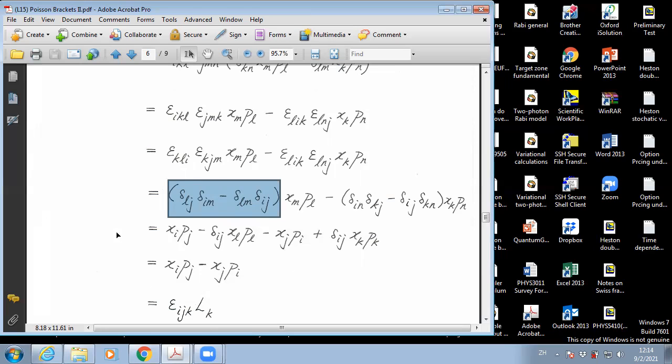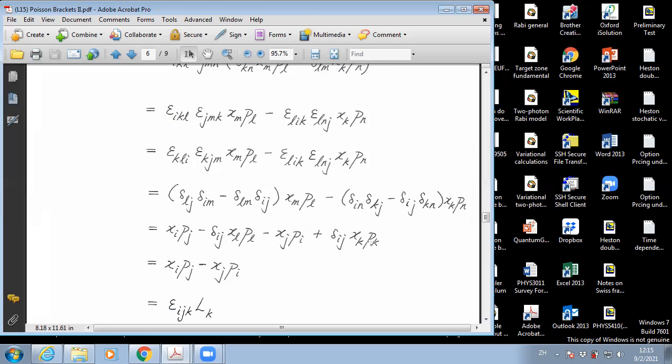Then we have altogether 4 terms involving products of Kronecker delta functions. All right. The first term will give you xi pj. The second term will give you delta ij, xl pl. The third term gives you xj pi. The last term gives you delta ij, xk pk. Remember that we have Einstein summation.